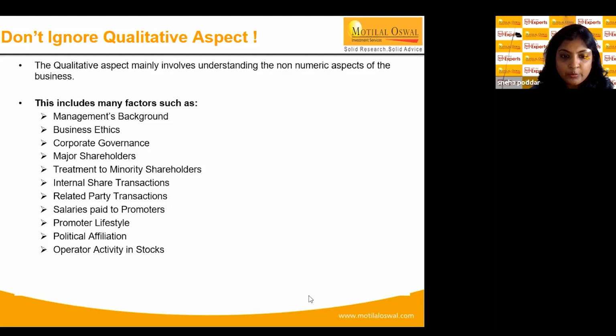Can you please suggest some good books? There are a lot of good books that are available, and I'll later on tell you which are the good books that one can look at. How to obtain the data of financial statements of a particular company for 10 years?